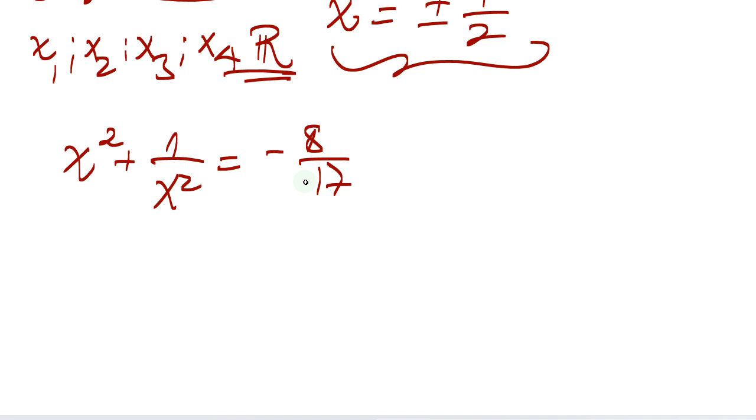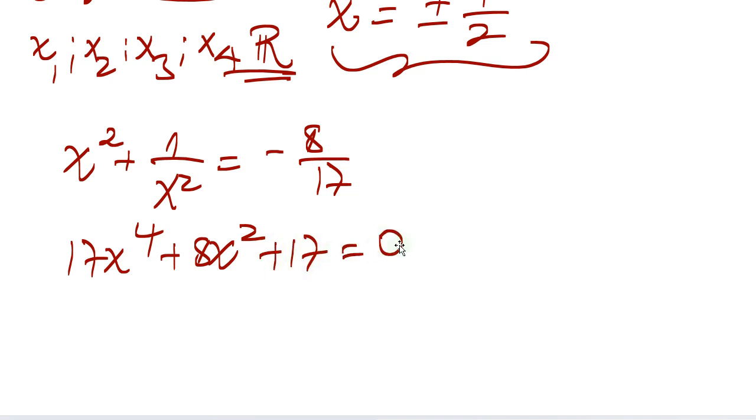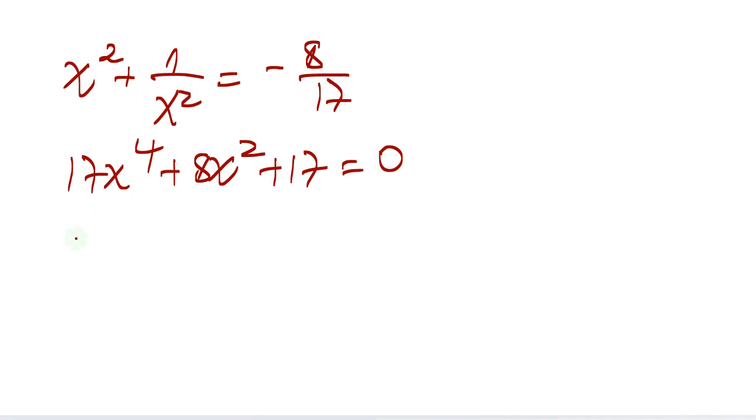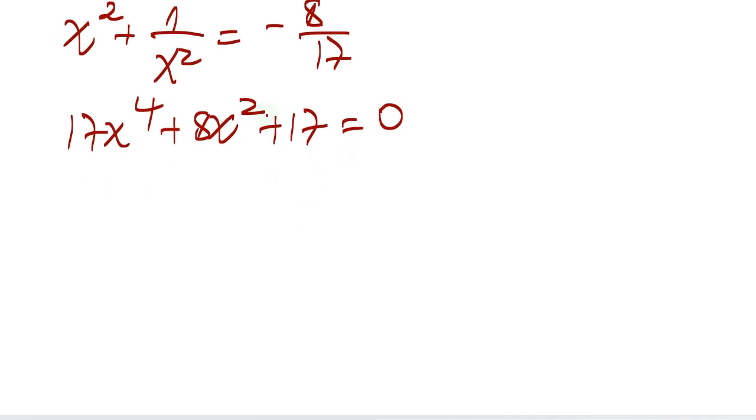Doing some simplifications, multiplying and simplifying, we are going to have 17x to the power of 4 plus 8x squared plus 17 equals 0. We could solve this as a big quadratic equation, but I'm going to do something here that I really like to express the four solutions of this equation. So I'm going to multiply both sides by 17.